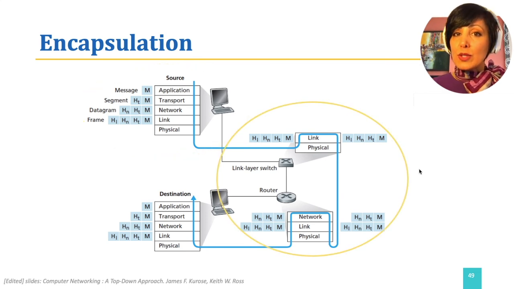If the node on the way is a link layer switch, only the link layer header of the frame will be analyzed for it to receive the link layer services of forwarding before it continues to its destination. The link layer header is decapsulated and encapsulated with a new header at every hop.